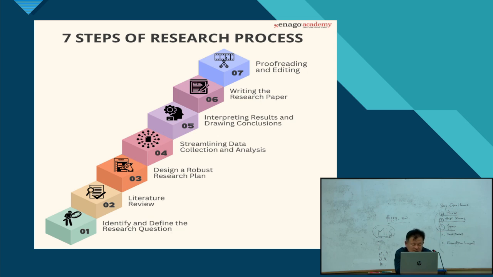And finally, writing the research paper, and waiting for proofreading and editing. It's not your own part of the research process, so there are repetitions, waiting for proofreading and editing. Then you report the research paper, and get degrees at the doctorate or research level, or some master level.